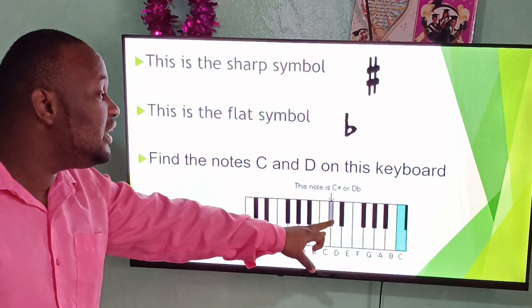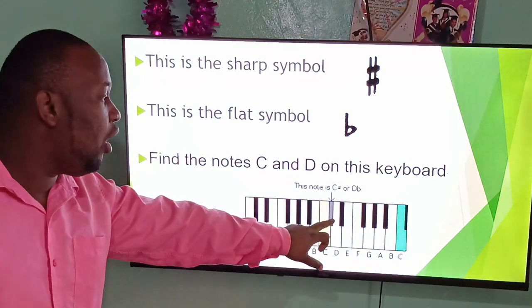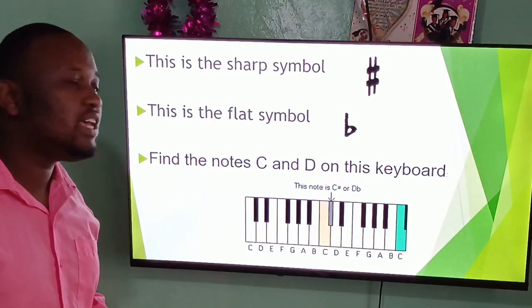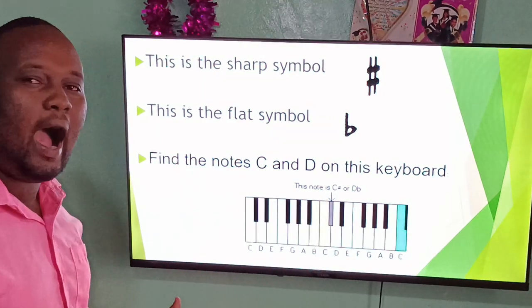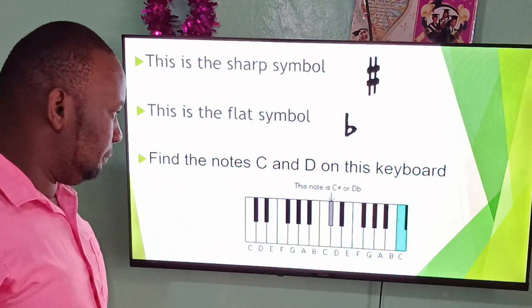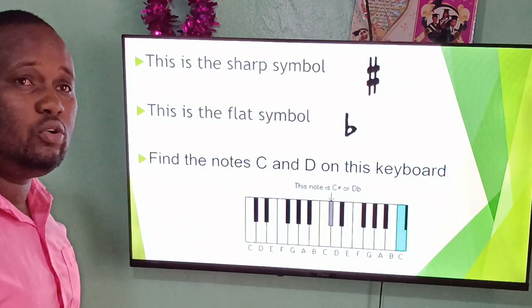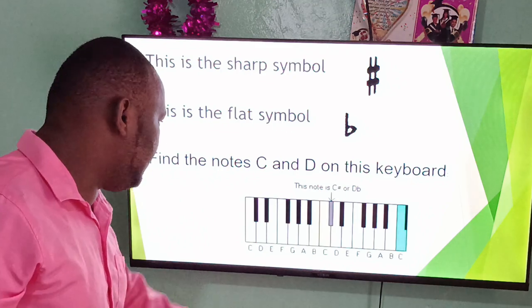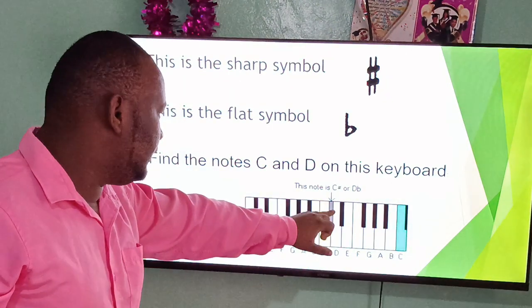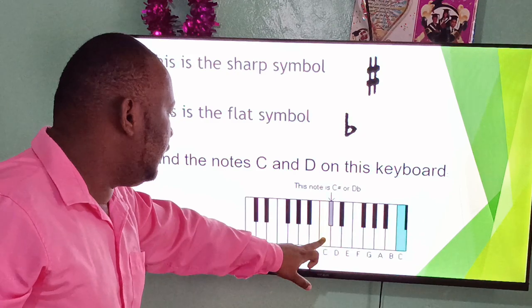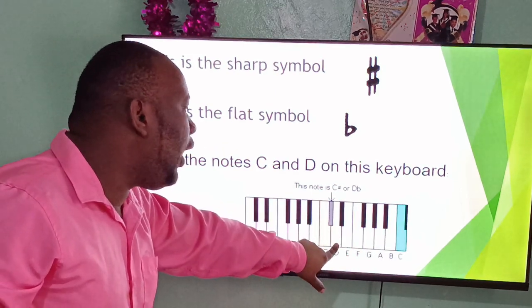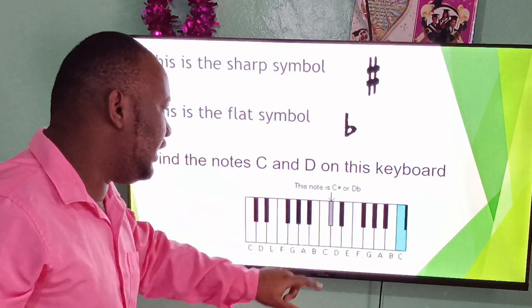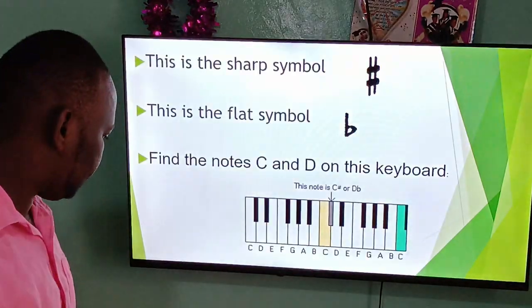You can refer to it as C sharp or D flat because C sharp and D flat are called enharmonic equivalents. They are called enharmonic equivalents because they produce the same sound. That's C sharp or D flat. If you raise C, you get C sharp. If you lower D, you get D flat.